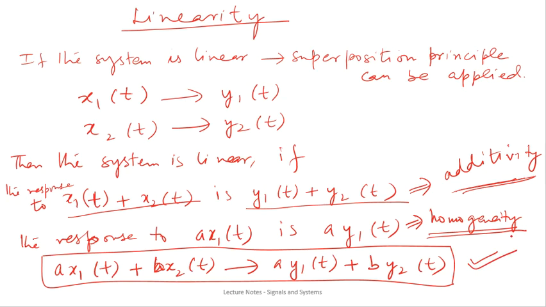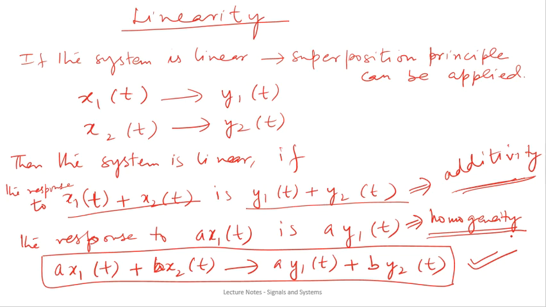Here x1 and x2 are two different inputs, and y1 and y2 are the outputs corresponding to x1 and x2 respectively. When a system violates or does not follow the principle of superposition, the system is said to be a non-linear system.